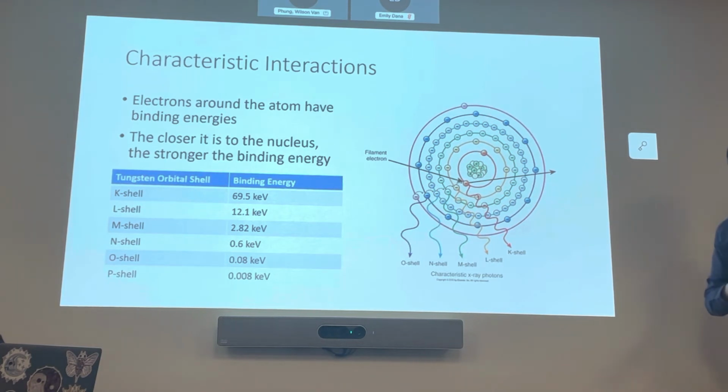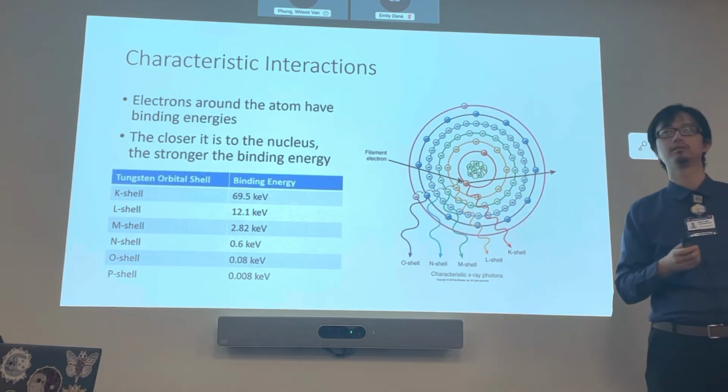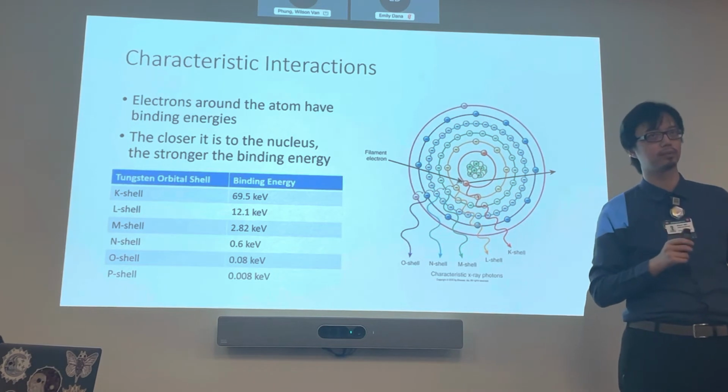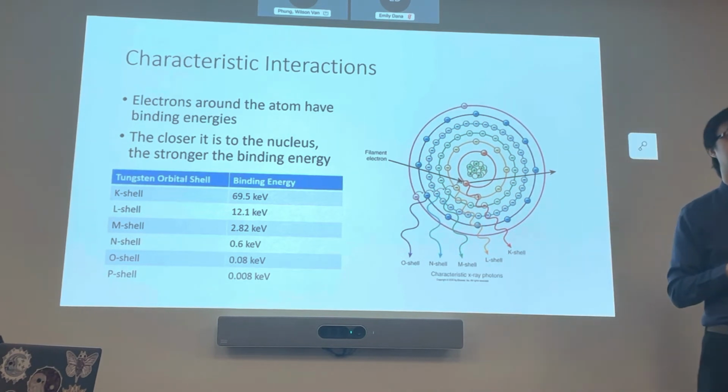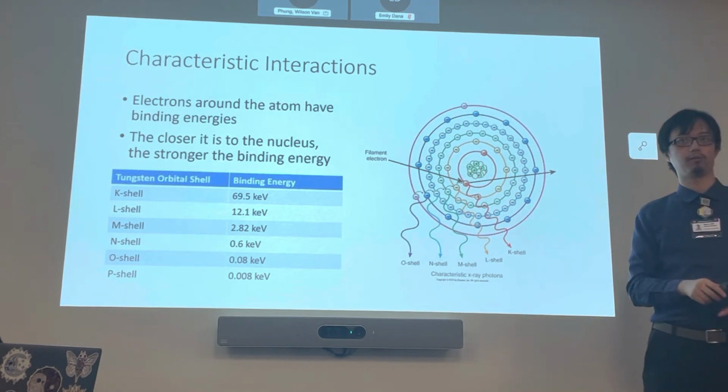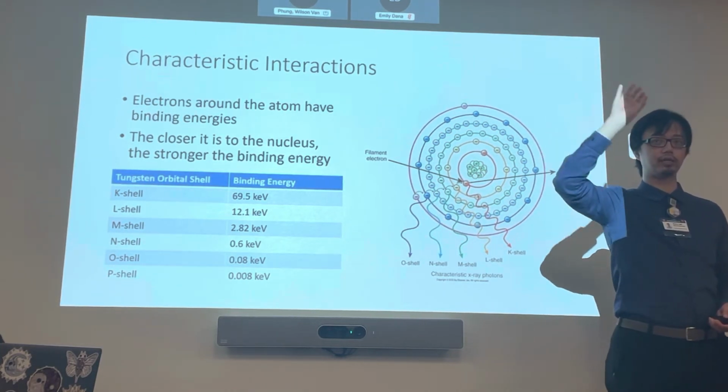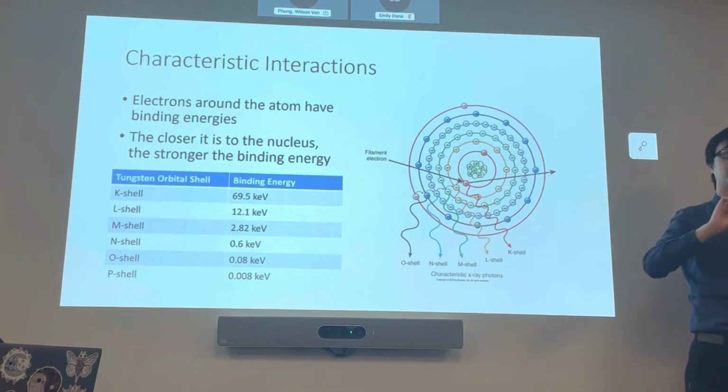So when the outer shell electron jumps into the inner shell, the energy that's released is what creates the X-ray. The energy released is the X-ray. Correct. Okay. So any questions on that concept? When the electron jumps from an outer shell to an inner shell, it creates an X-ray.